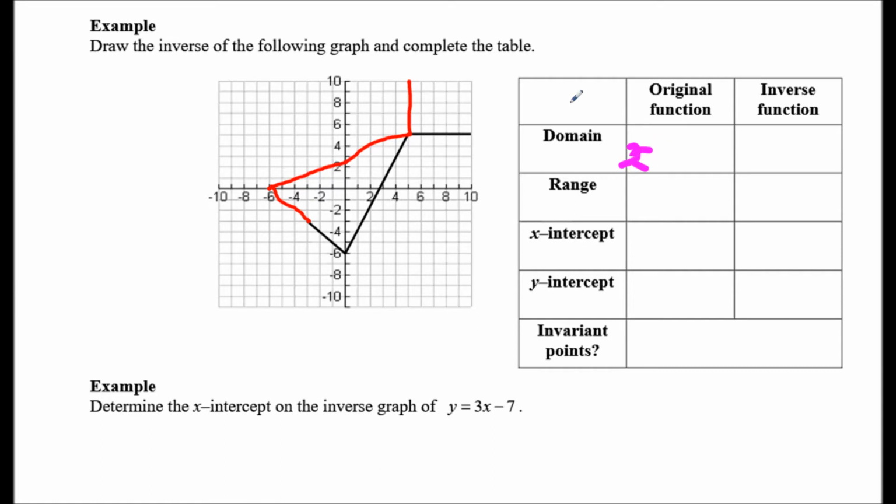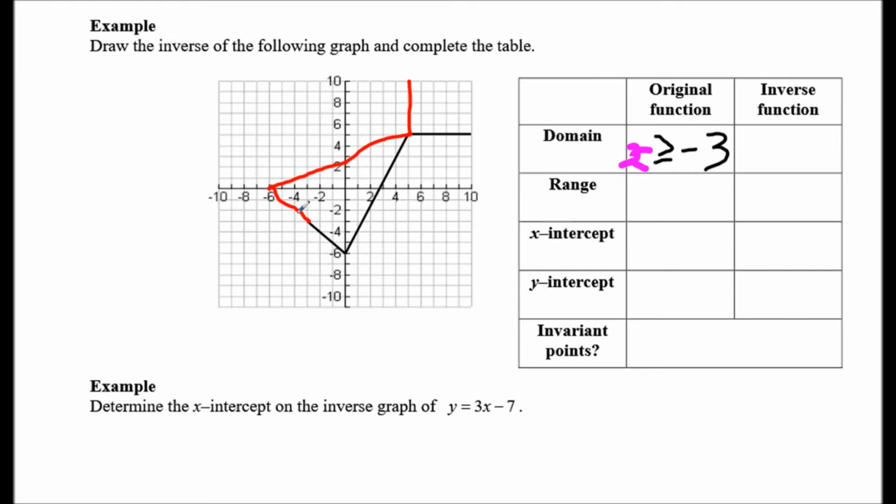X is greater than or equal to -3. I apologize. I should really be writing that in set notation: x is a set such that x is greater than or equal to -3, x is a member of the reals. I just don't have the room to write that.